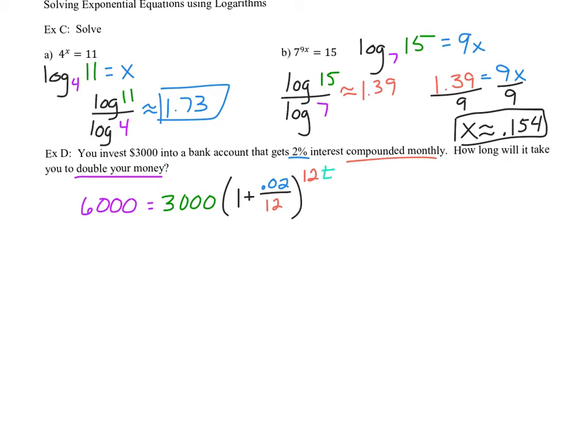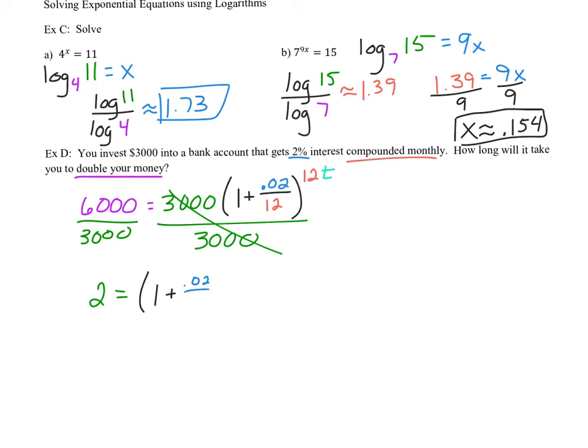So I know that I could divide by this 3,000, not have it really mess with the other stuff. So I'm going to do that. So I get 2 equals 1 plus 0.02 divided by 12 to the 12t. Okay. All right, so one step done.